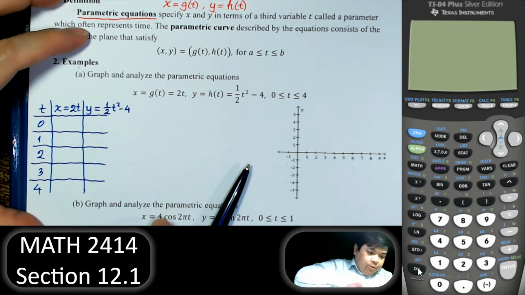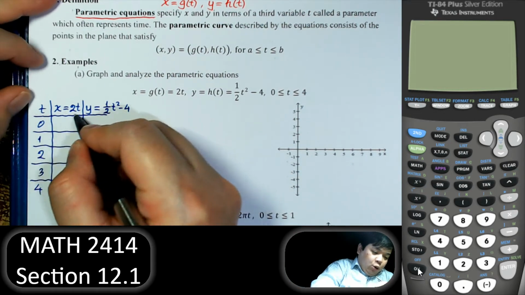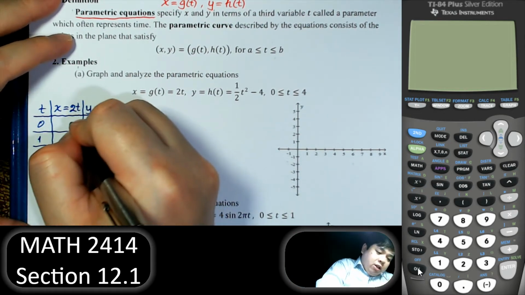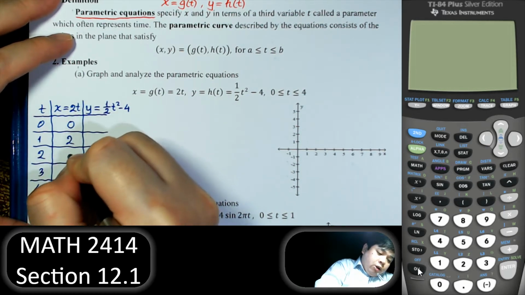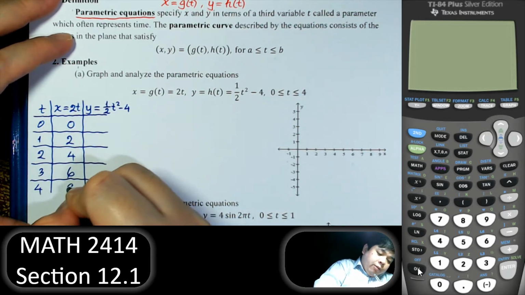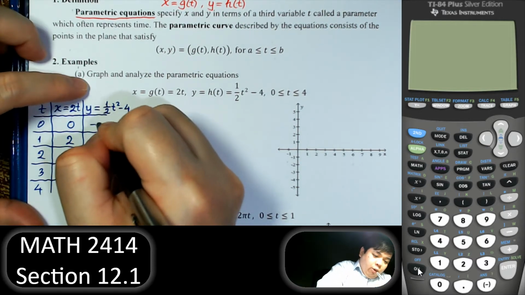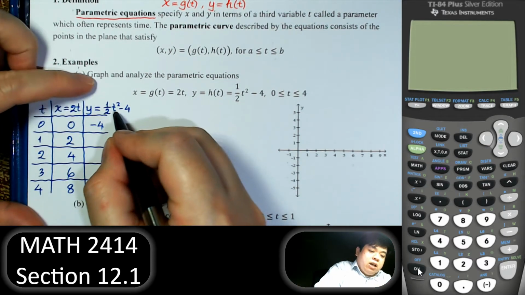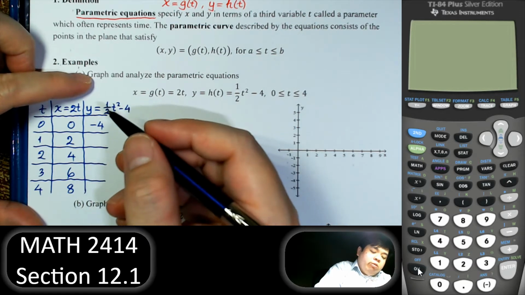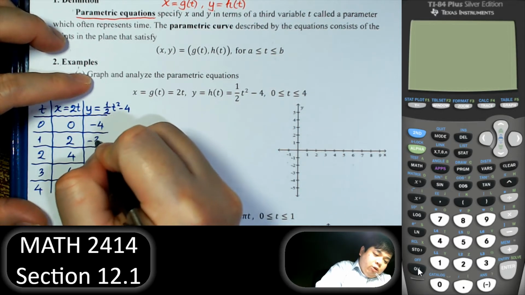So if x equals 2t, we just multiply t by 2: 0, 2, 4, 6, 8. Easy enough. Now put 0 in here, we have negative 4. Put 1 in there, that is half minus 4, so negative 3.5 and so on.